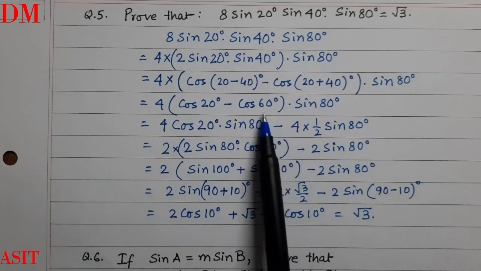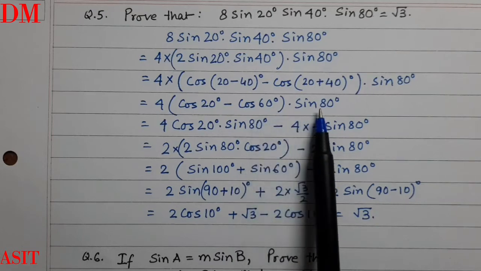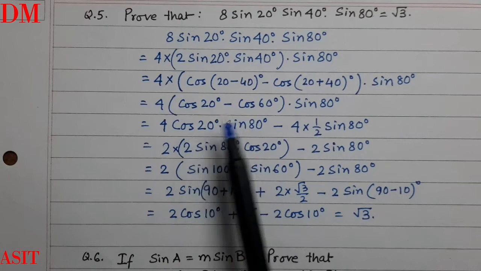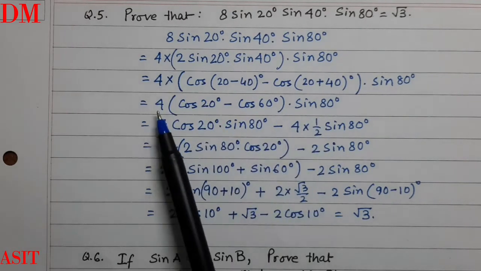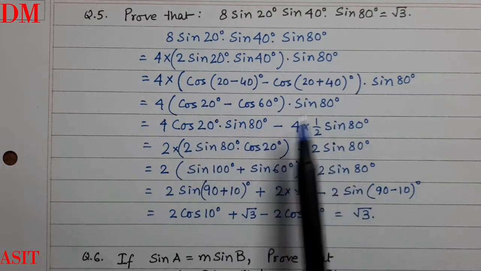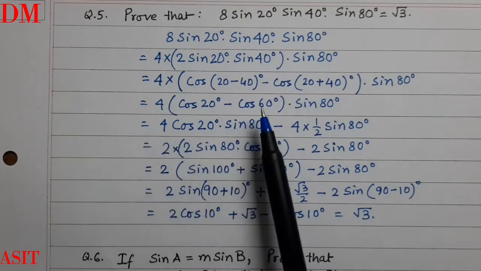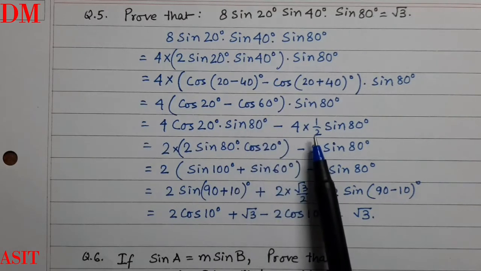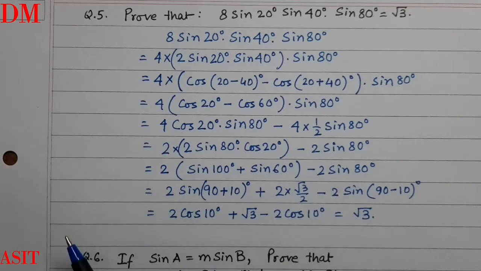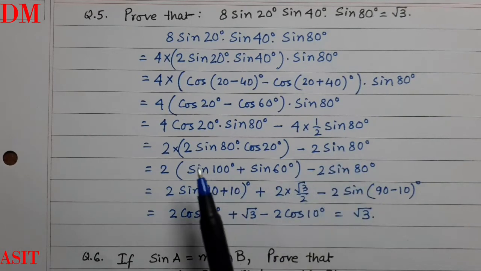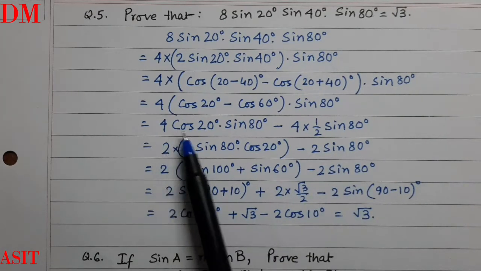We know cos 60 degree equals half. Therefore we can multiply sine 80 degree with these two terms and split them. So we can write 4 cos 20 sine 80 minus 4 into half sine 80. Now this will become minus 2 sine 80 degree.